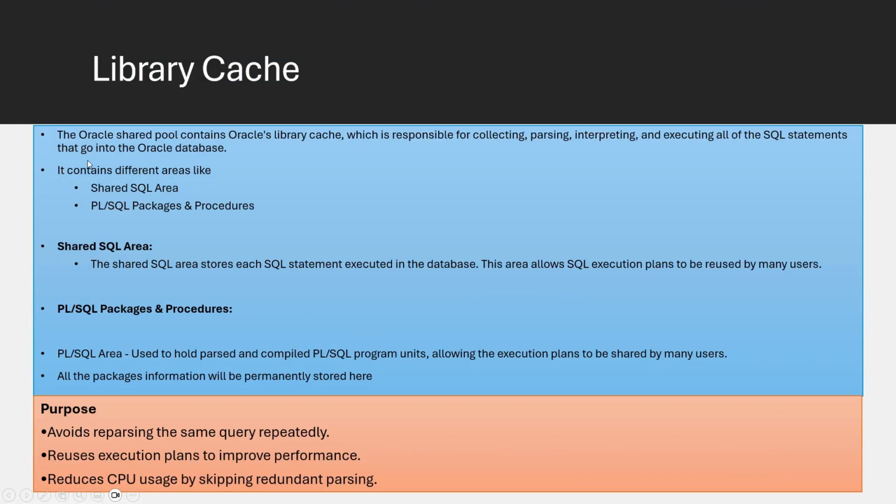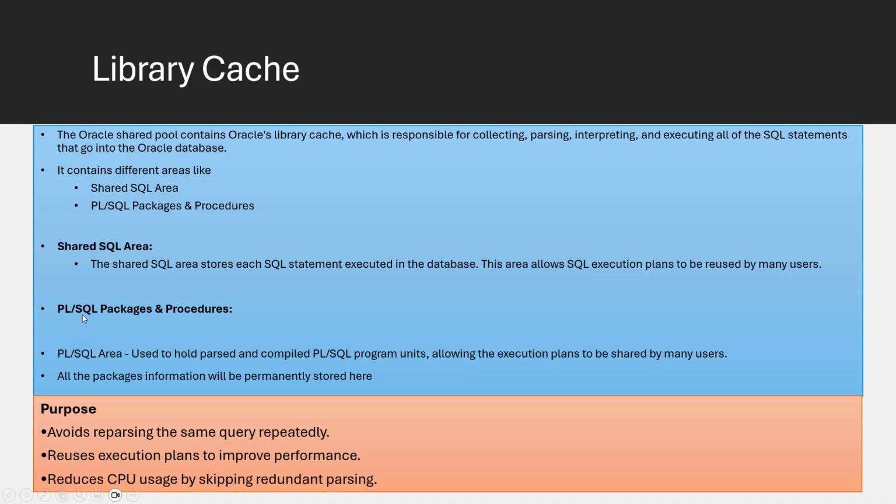Okay, so what exactly is the library cache? Library cache pool contains the Oracle library cache, which is responsible for collecting, parsing, interpreting, and executing all the SQL statements that go into the Oracle database. Again, it consists of two different areas: shared SQL area and PLSQL package procedures. So what is a shared SQL area? The shared SQL area stores each SQL statement executed in the database. This area allows SQL execution plans to be reused by many users.